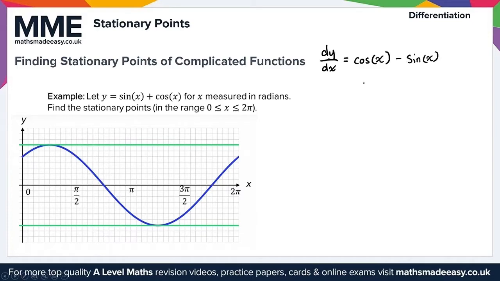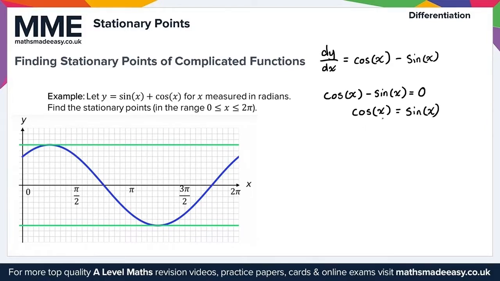Now, to find the stationary points, we set dy by dx equal to 0. So cos x minus sine x is equal to 0, and in that case we can set cos x equal to sine x.